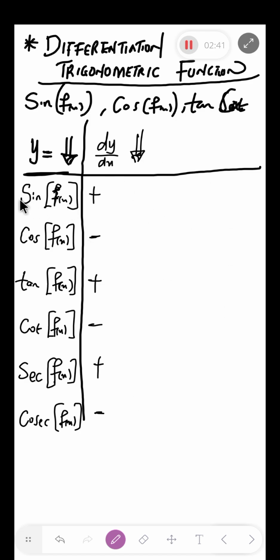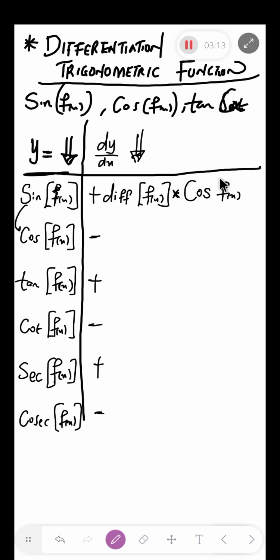The first thing for us to do is that if you have sine f of x, you need to differentiate the function that you have in that bracket, differentiate whatever you have here first, times, please take note, if you have sine, the result goes straight to cosine.